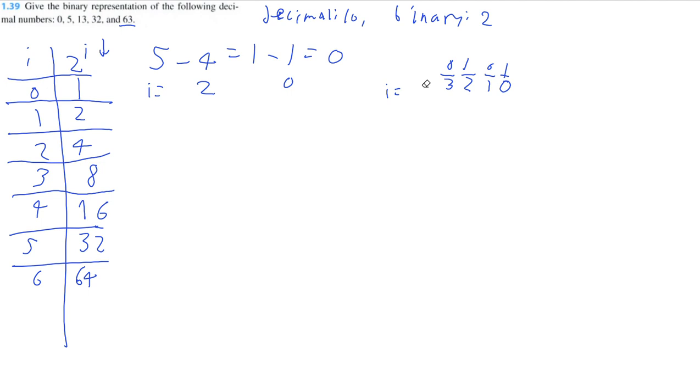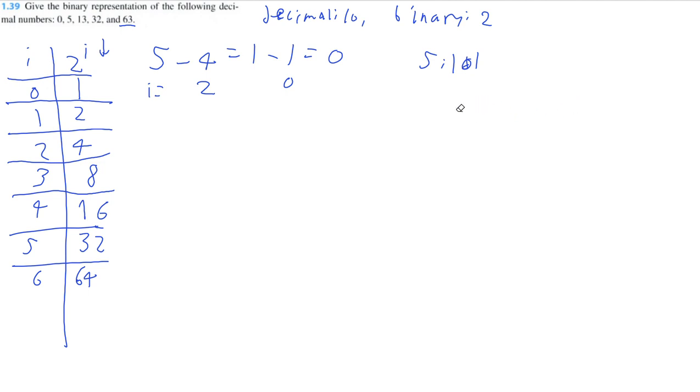And we can also delete any leading zeros from our number. So 5 in binary is 101. And to help understand how this converts back, this would be 2 to the power of 0 plus 2 to the power of 2, which is 1 plus 4, which is equal to 5. That's what that binary representation is telling us.